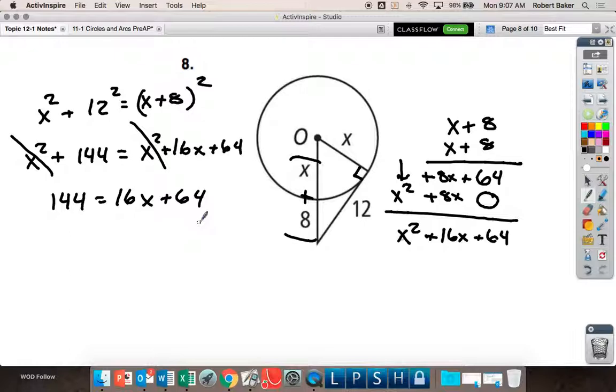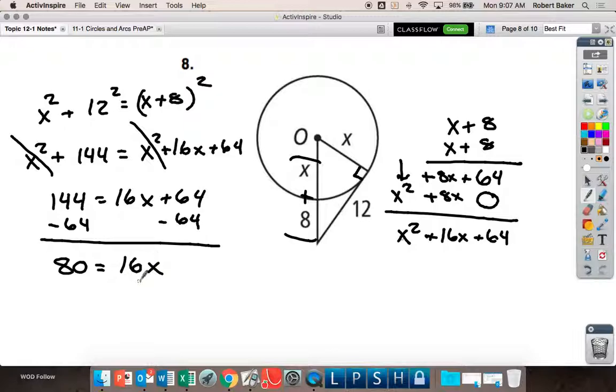Move all the numbers to one side. Subtract 64 from both sides. 80. Divide both sides by 16.